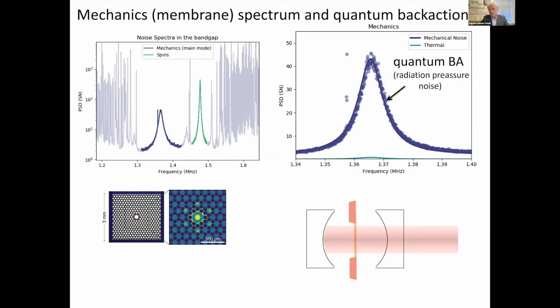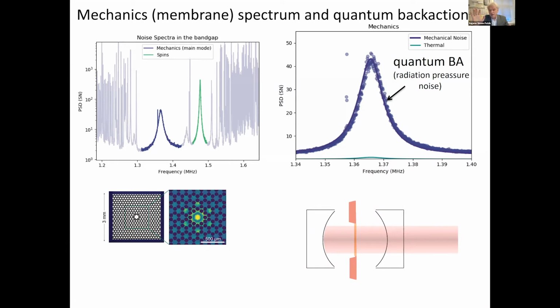and causing it to move as if it has a higher temperature. So in this graph, you can see that this hardly visible resonance corresponds to the actual motion of the membrane at the temperature that it acquired. And the whole thing here is due to the quantum backaction.